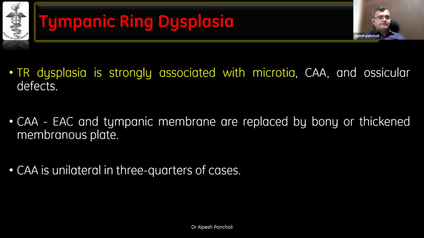Coming to tympanic ring dysplasia, it is strongly associated with microtia, congenital aural atresia, and ossicular defects. What is congenital aural atresia? It is a condition in which the external auditory canal and tympanic membrane are replaced by a bony or thickened membranous plate.